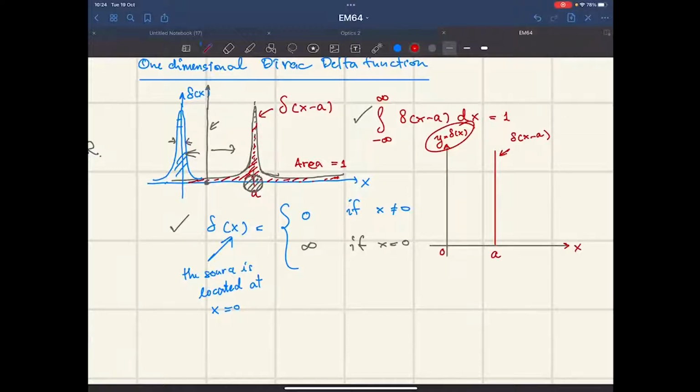So when we move the origin of the source to a, your Dirac delta function is like that. But if you're moving away in this direction, for example, you have this line. Maybe b becomes the Dirac delta function of x plus b. This is b here, not a.